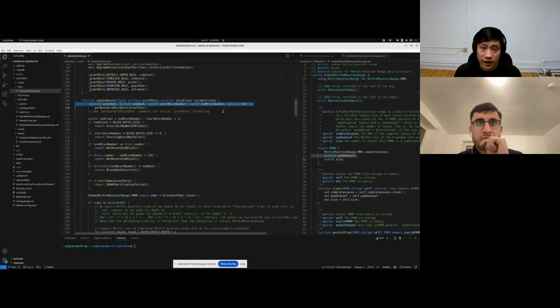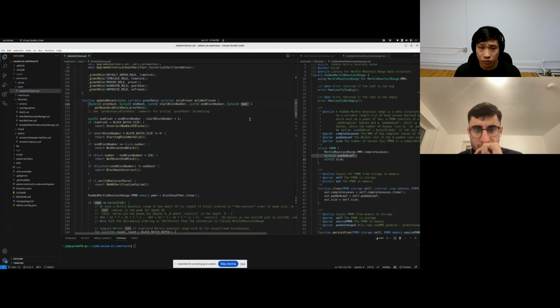So this proof data is a claim about a string of up to 1024 block hashes. The previous hash is the claimed block hash before that string starts. And the end hash is the claimed hash at the end of that string. And finally, the start and end block number are where the string of block hashes starts and ends.